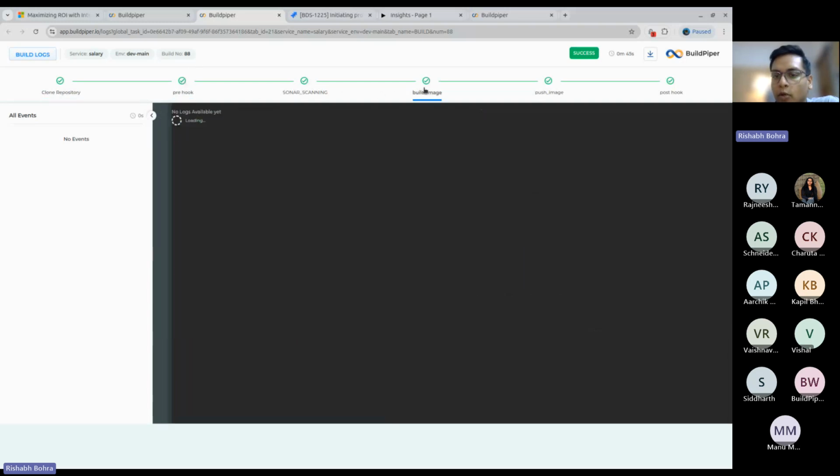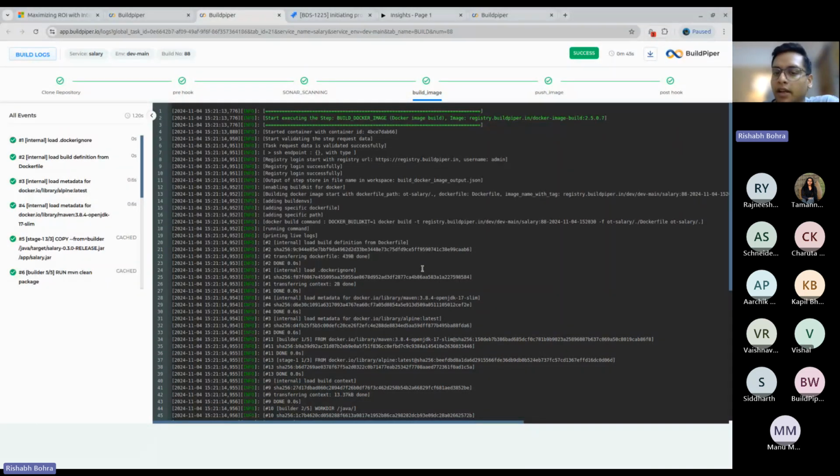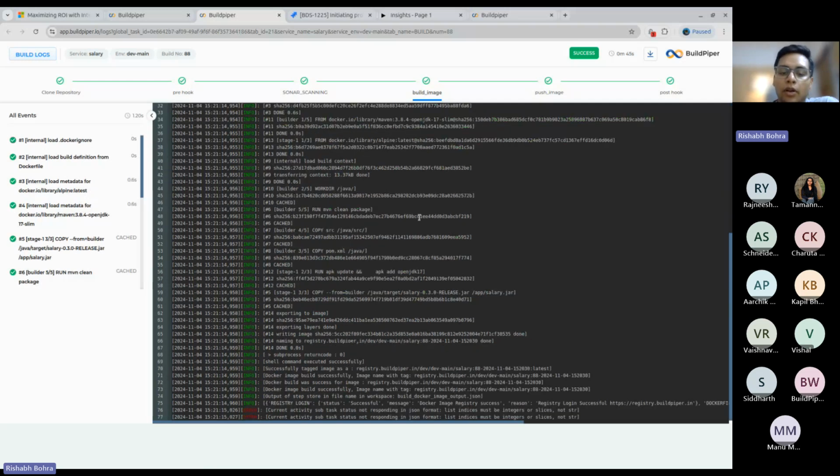So you don't get a single monolithic chunk of log file, but again, in a modularized fashion, you get all these logs where you can seamlessly navigate across in terms of success and also in terms of failures as well, where the platform already has inbuilt intelligence in place, which gives you the information on what has gone wrong at what stage as well.